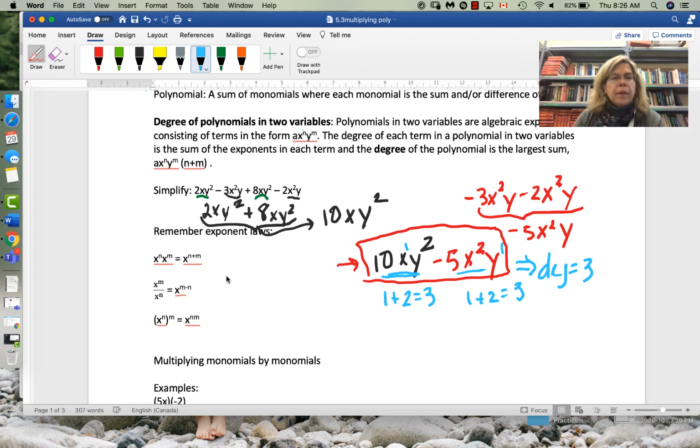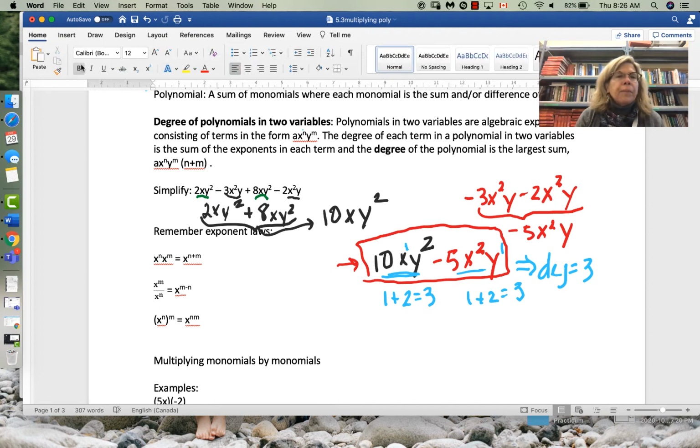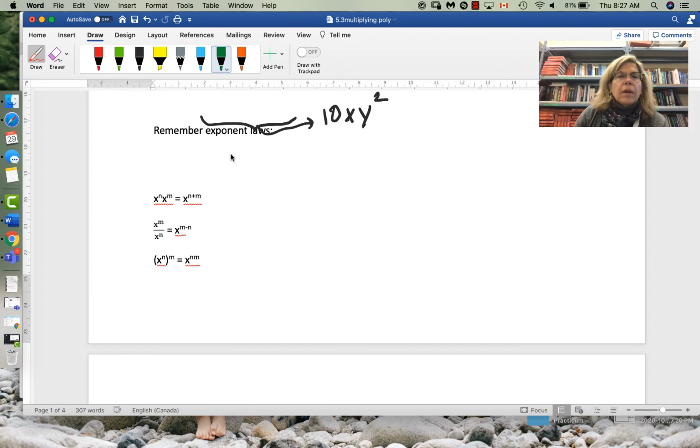Okay. So then I just want to go through real quickly the exponent laws, because they will help out now. Remember when we had x to the n times x to the m, that equaled x to the n plus m, right?